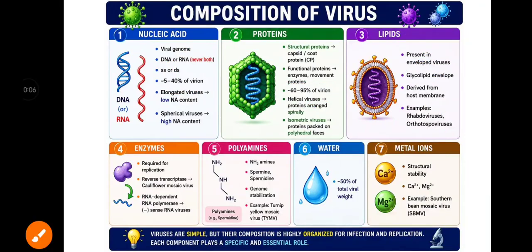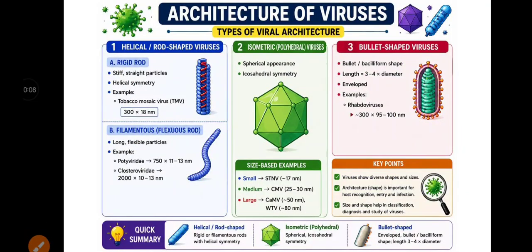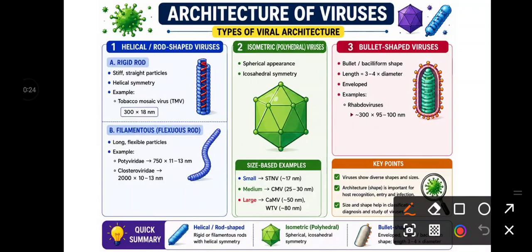Okay, next topic is architecture of plant virus. Generally 3 types of symmetry have been observed in plant viruses. One is helical symmetry, then icosahedral symmetry, and third is complex symmetry. The helical or rod shaped viruses we call helical symmetry, the icosahedral symmetry is for isometric viruses, and the third is the bullet shaped virus, also called complex symmetry.